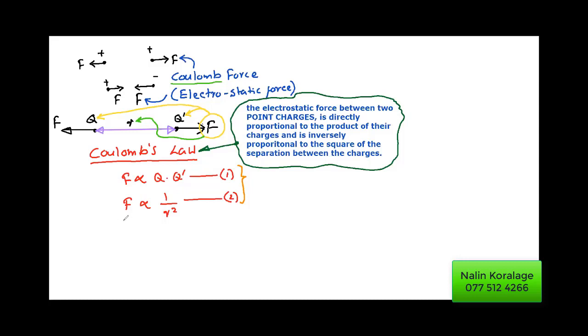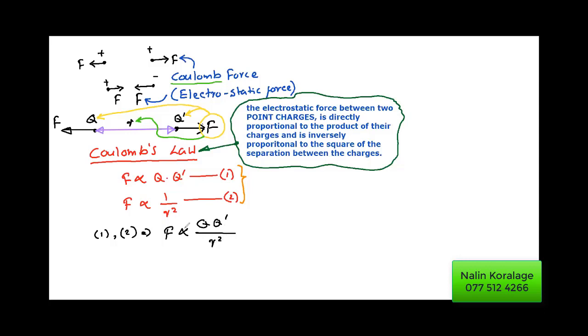So now what I can say, by using equation number 1 and equation number 2, is that F is directly proportional to Q dash, their product, and at the same time to one over separation squared, one over R squared.